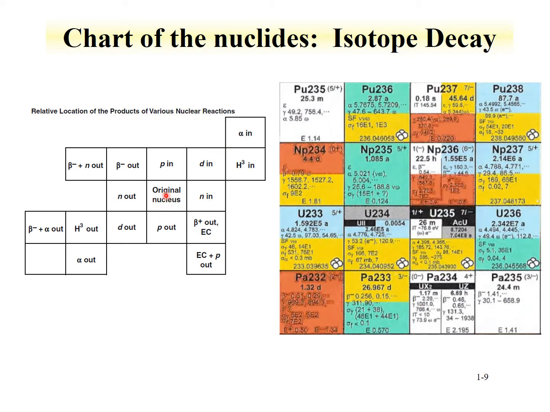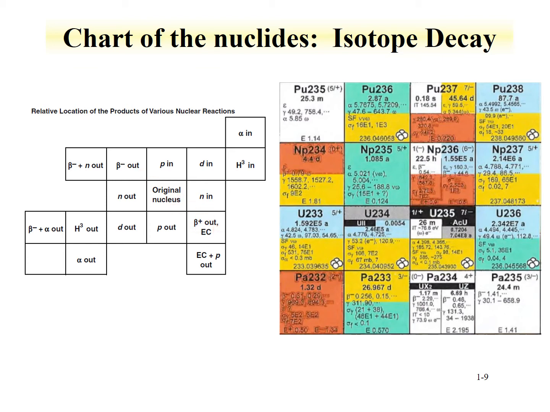If I hit it with a proton, this isotope would form. If we look at decay, if I emit an alpha particle, it goes from the original down diagonally 2. If a beta minus comes out, it moves up diagonally 1. And if it decays by positron emission or by electron capture, it goes down diagonally.